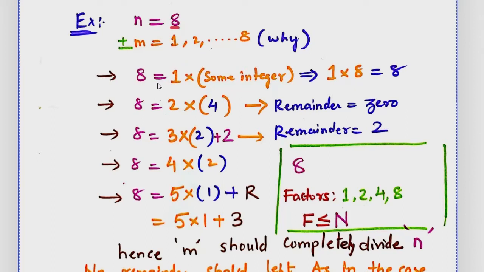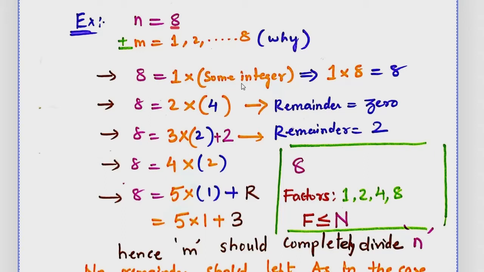So we are looking for an integer which, when multiplied with 1, will give you 8. We can say that 1 divides 8 completely, because we are not getting any remainder.